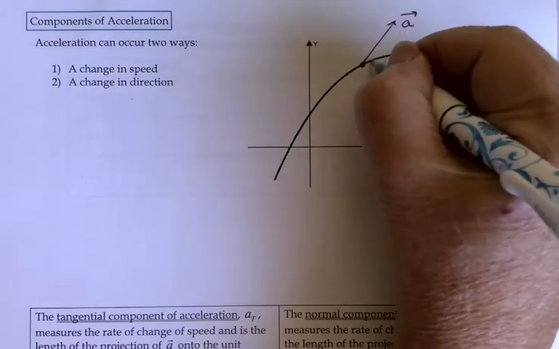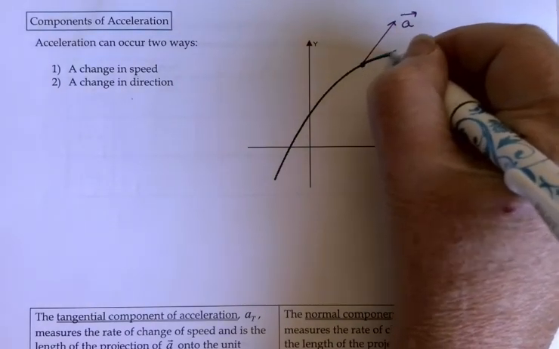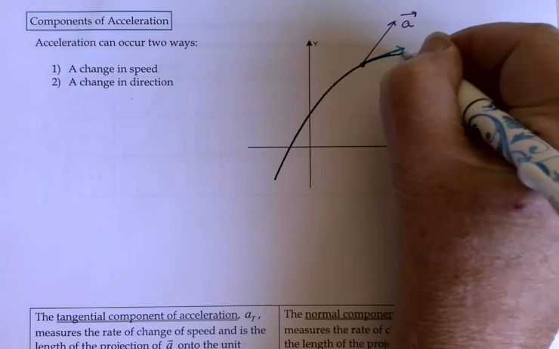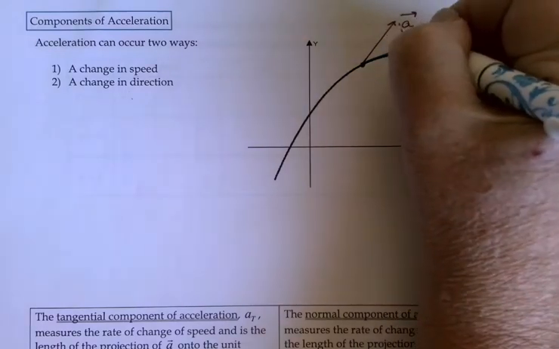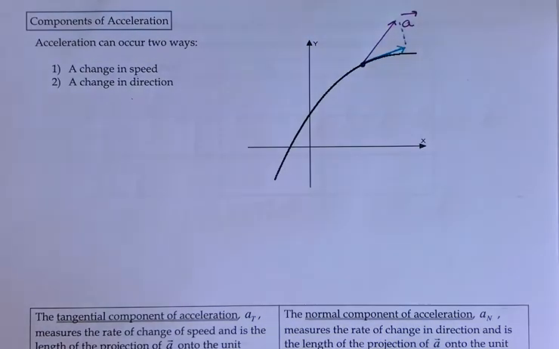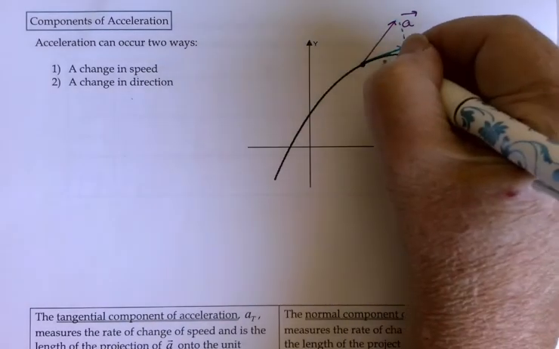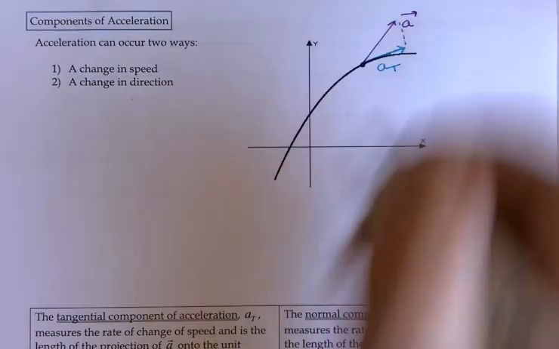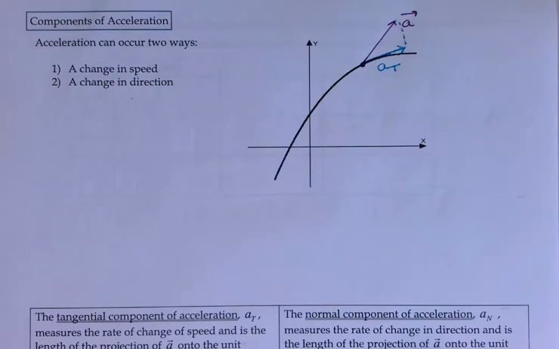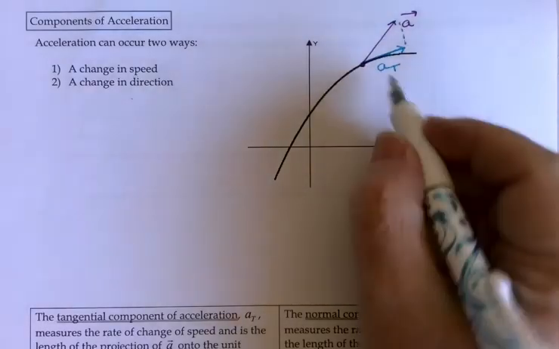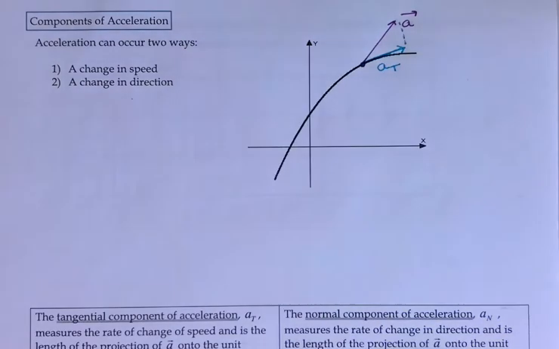So this would be how much of that acceleration is pointing in the direction tangent to the curve. The magnitude of that vector is a sub t, and it's really just the scalar projection of the acceleration vector onto the unit tangent.